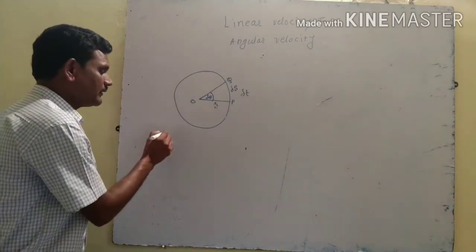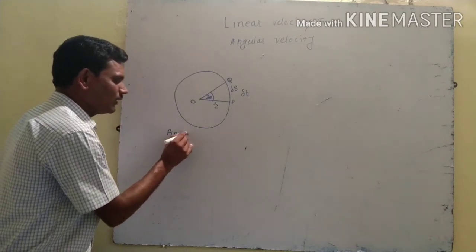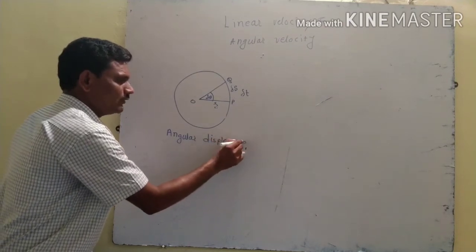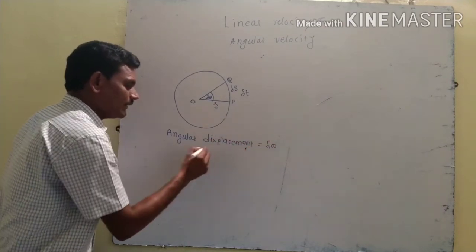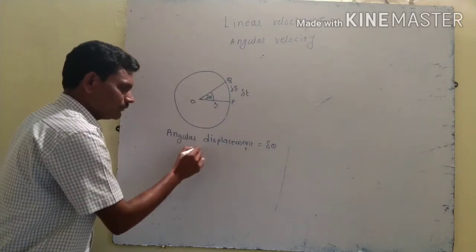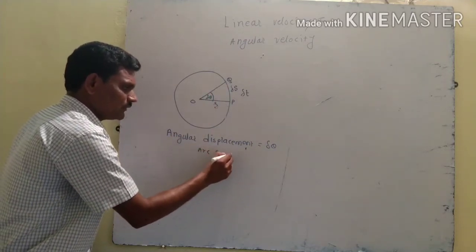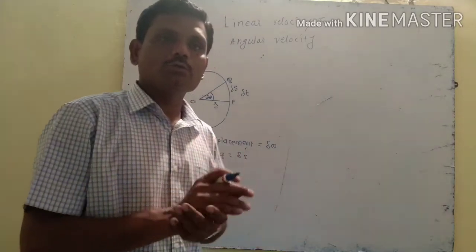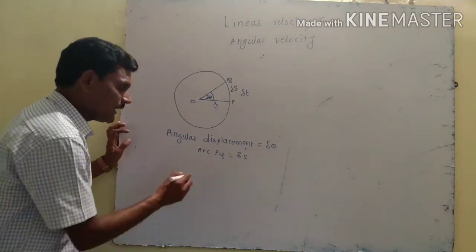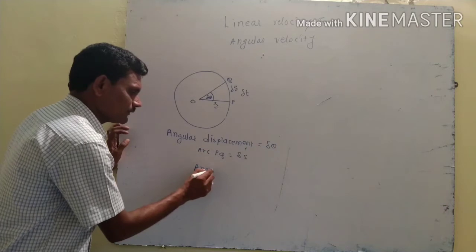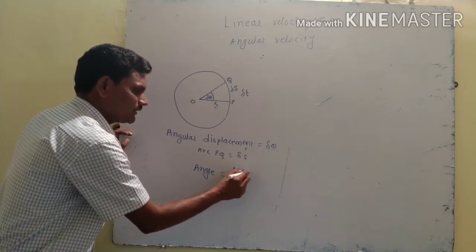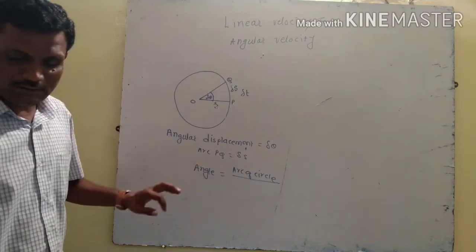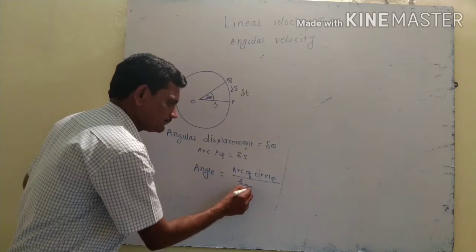Therefore, we have to consider that the angular displacement is equal to delta theta and arc PQ is equal to delta s, which is also called the linear displacement of the particle. Now we have to know the formula for angle, that is, angle is equal to the arc of the circle divided by the radius.